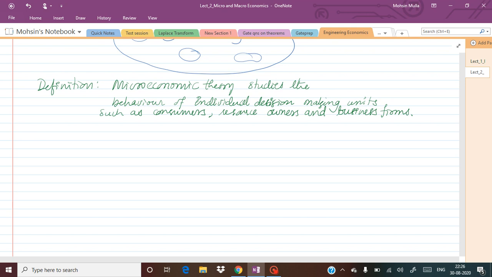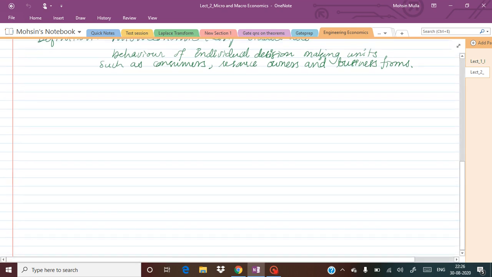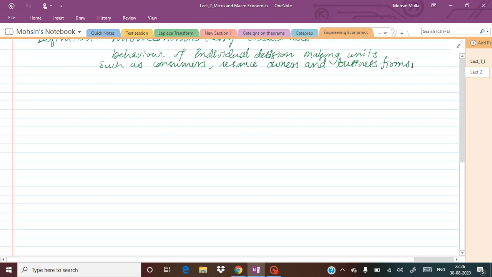So basically, it is to determine the prices of the goods and services.